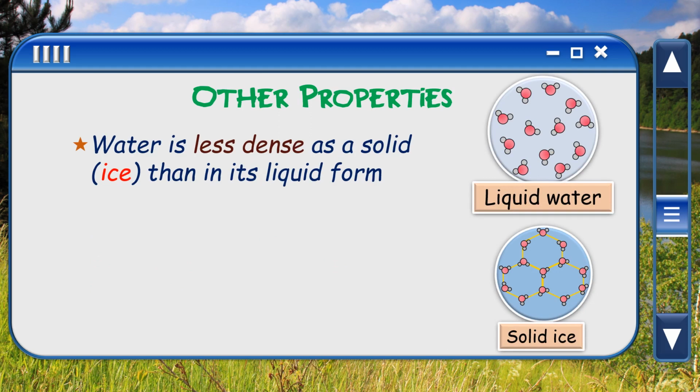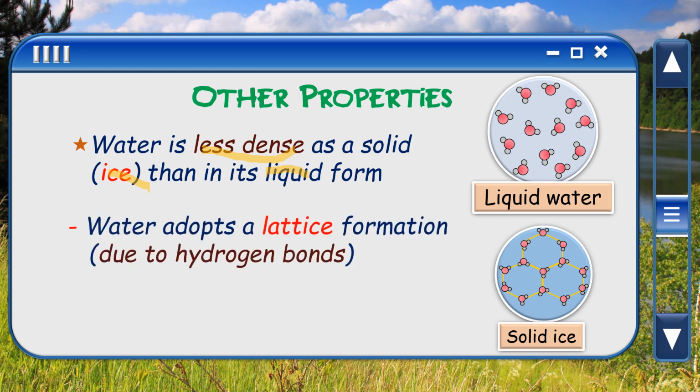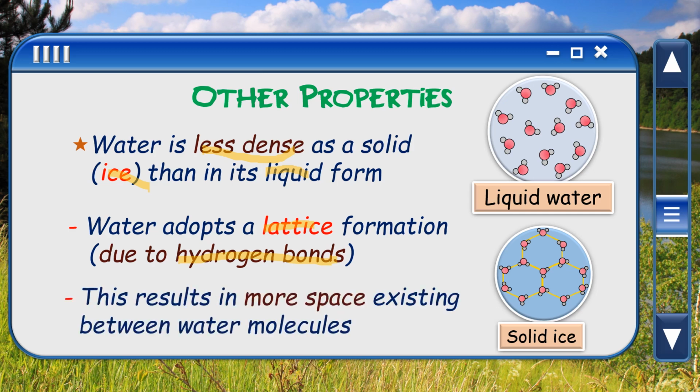Then, water is less dense as a solid, that is ice, than as a liquid. How? Water adopts a lattice formation due to the formation of hydrogen bonds, and this results in more space existing between the water molecules.